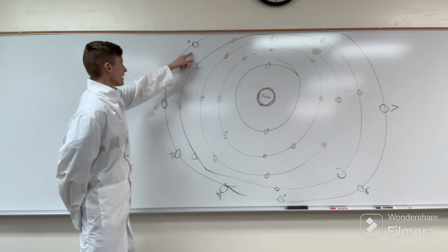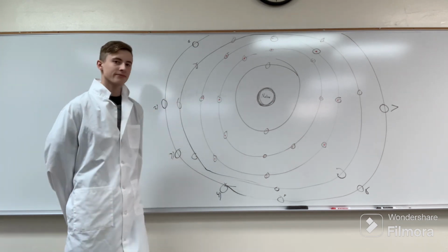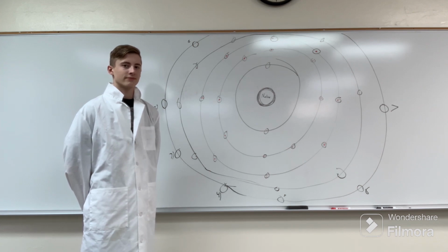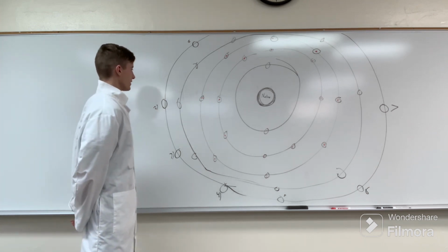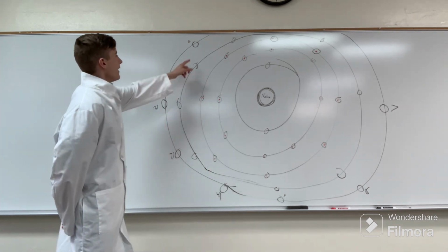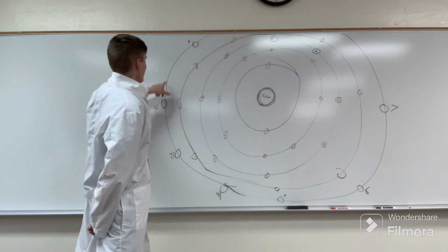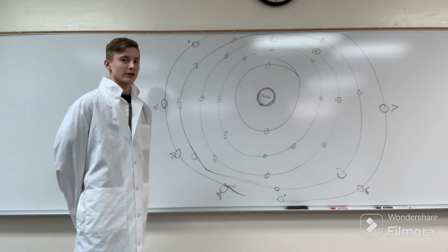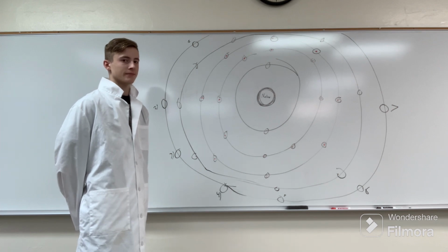What are these electrons in this outer ring called? Valence electrons, very good. How many valence electrons does this element have? If you can count, this should be pretty easy.